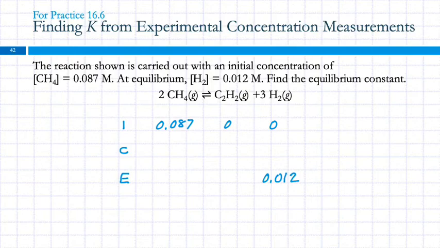So now we kind of have to decide, well, what is X going to be? Because if I say that X is the amount that the H2 is changing, then it gets a little awkward with the coefficients and stuff with everything else. So I'm going to pick something that has a coefficient of 1, or I'm just going to use this 3 and say this is increasing by 3x.